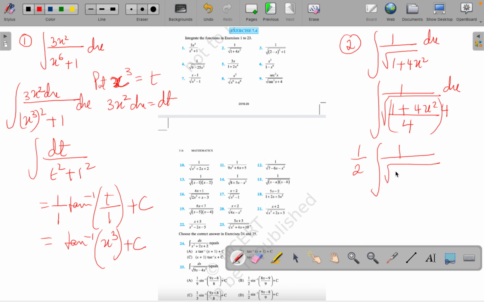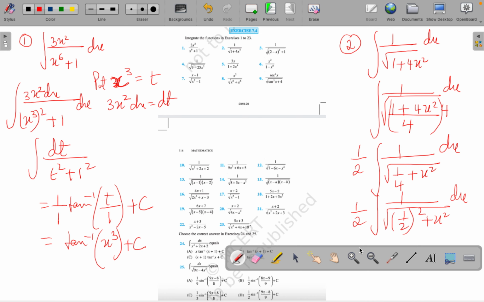Now integration. If I separate it out, children, it can be 1 by 4 plus x square dx. Now integration of 1 by 2 as it is, under root of 1 by 2 whole square plus x square dx, right? So this is where you can apply the formula. Now remember, it is under root of a square plus x square.